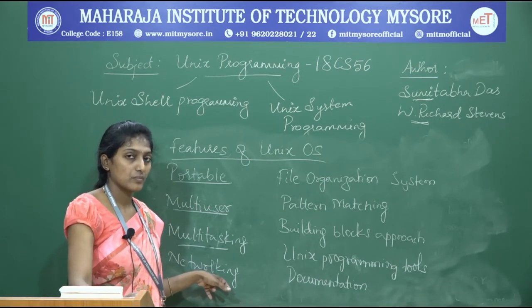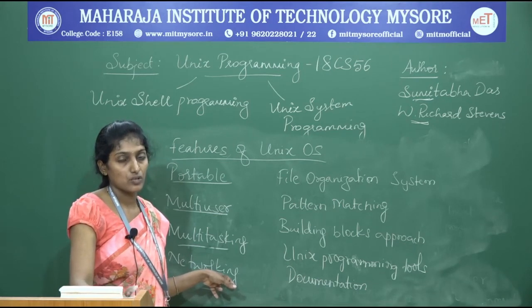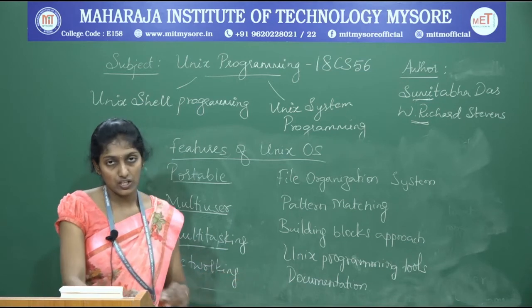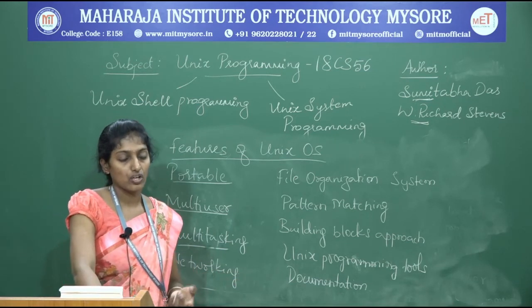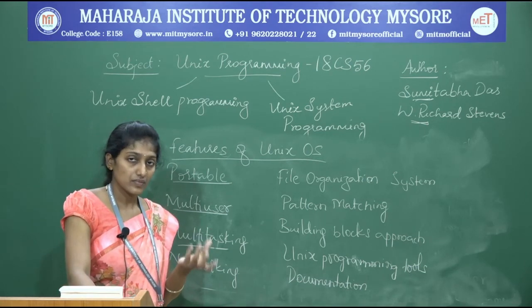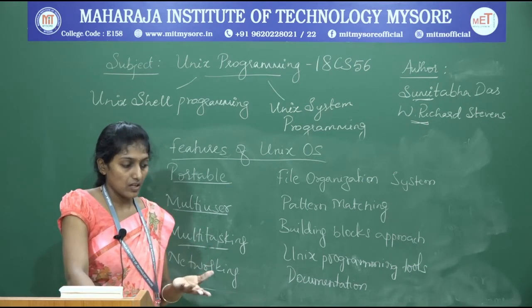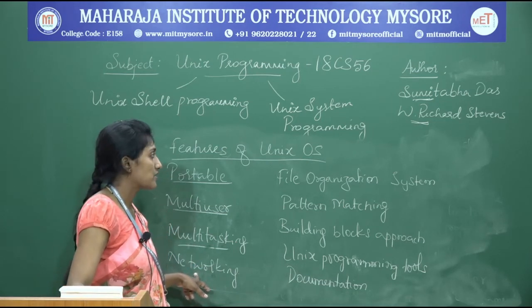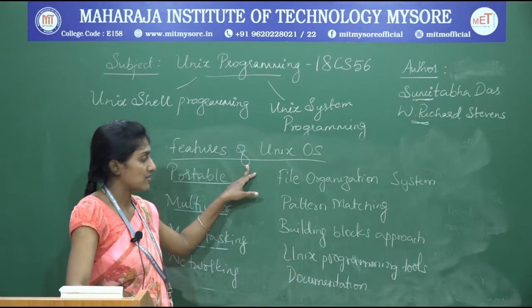In the Unix operating system, we use a standard communication protocol, that is the TCP/IP protocol, transmission control protocol and internet protocol. By using that you can even share the program, or even remotely access the program by using networking. So even that has been supported in the Unix operating system.